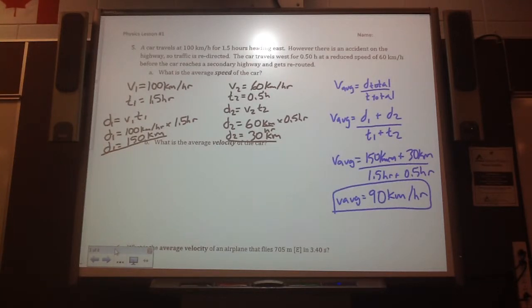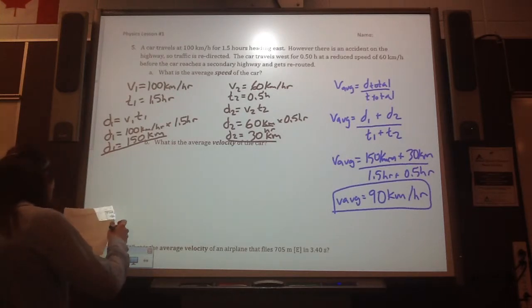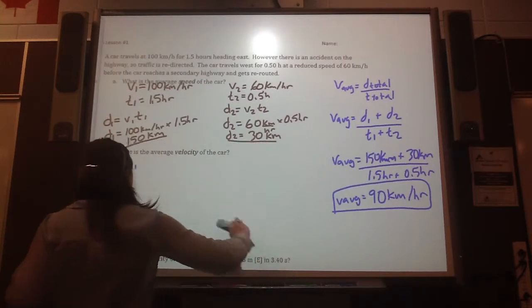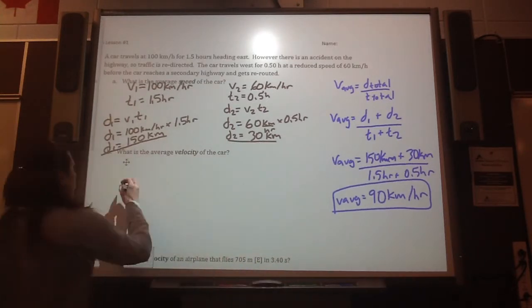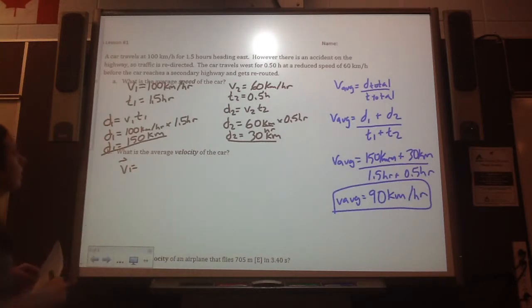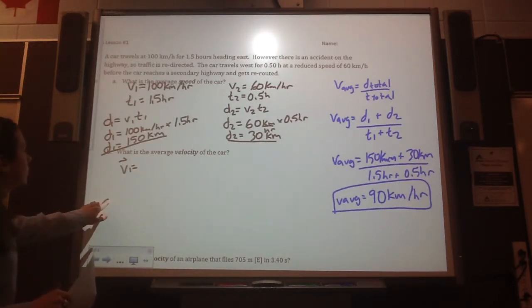So now we have to do a similar thing for 5B, but using our displacement. So I still know V1 is equal to, because it's V with an arrow now, I need to include the direction.